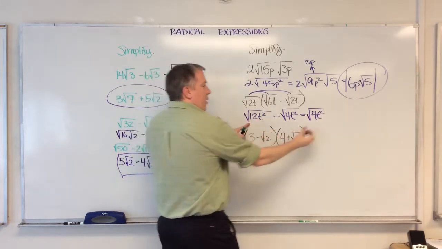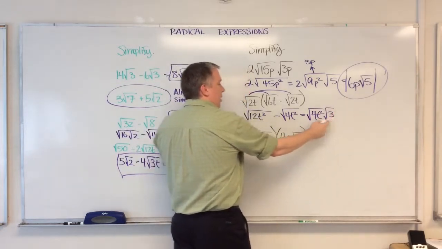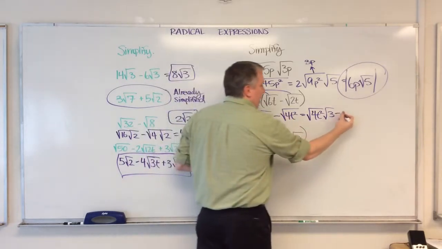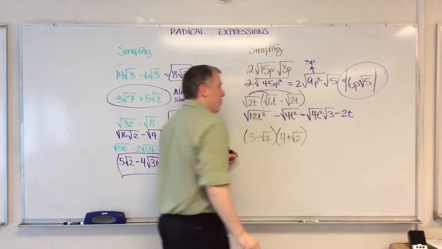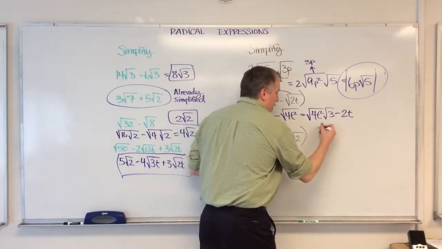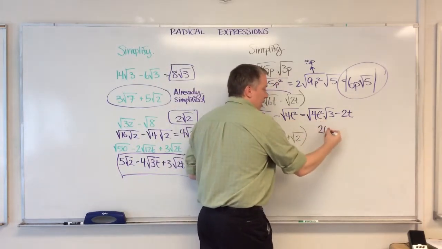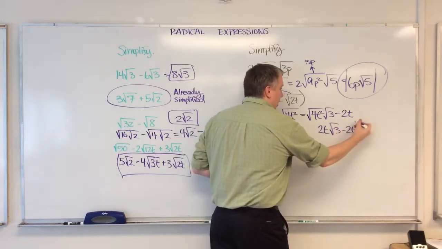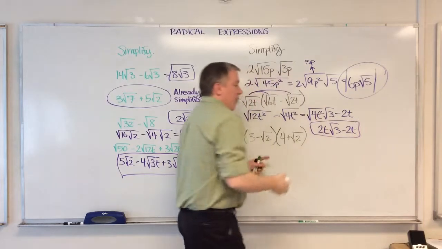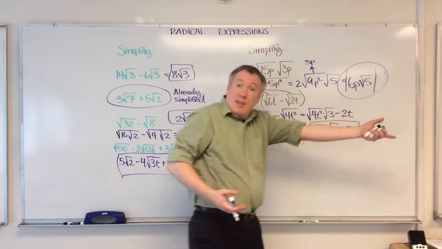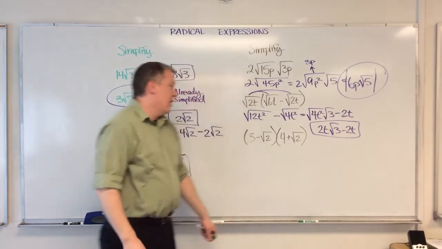What is left is 3, so that is still 12t squared. I can actually just take the square root of that. That is just 2t. The square root of 4 is 2, the square root of t squared is t, so I get 2t square root of 3 minus 2t. And that's it. I can't simplify those because the square root of 3 makes it a different term than one that doesn't have the square root of 3.